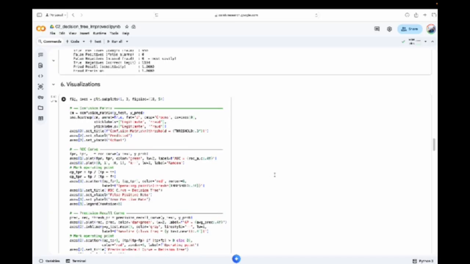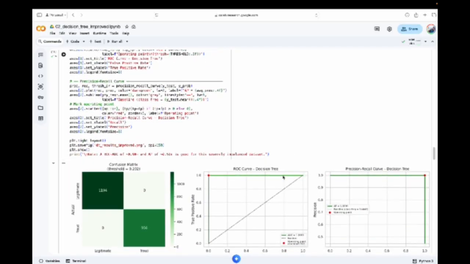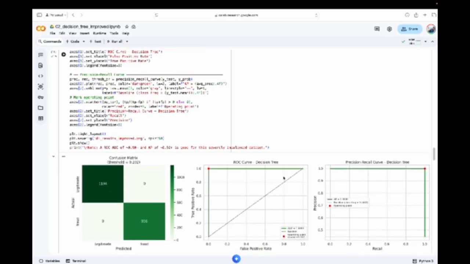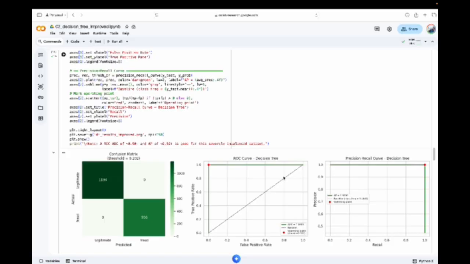This visualization helps interpret performance. The confusion matrix shows how many fraud cases were correctly detected versus missed. The ROC curve shows how well the model separates fraud from legitimate transactions.